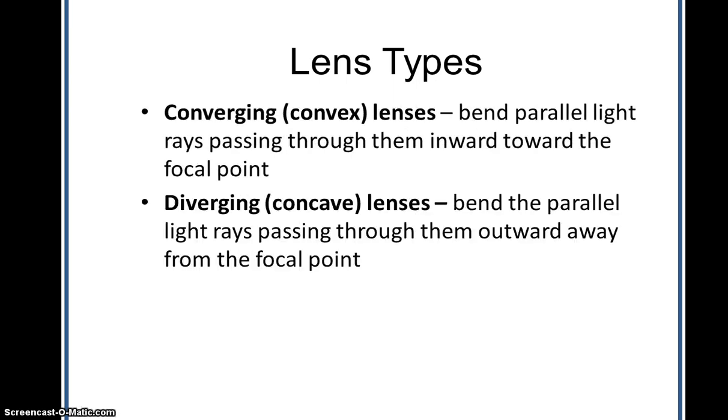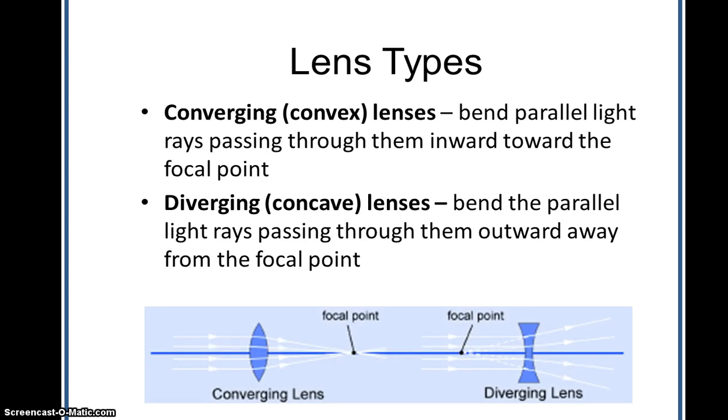So just as there are two types of mirrors, there are also two types of lenses. Some examples of where you might see a converging lens would be in a magnifying glass or possibly a camera.